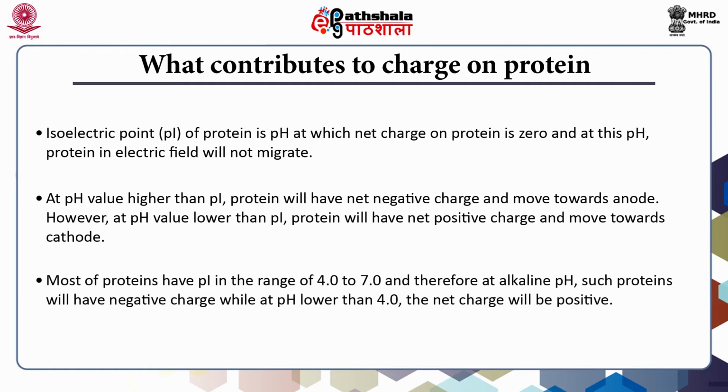Most proteins have pIs in the range of 4 to 7, and therefore at alkaline pH such proteins will have negative charge, while at pH lower than 4.0 the net charge will be positive. Consider the situation where pH is increased from say 2 to 10. At pH 2, the protein will have net positive charge.